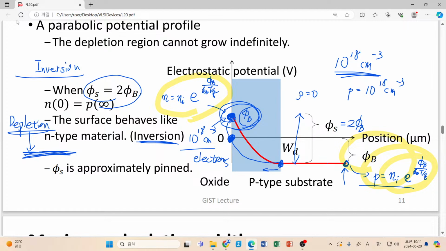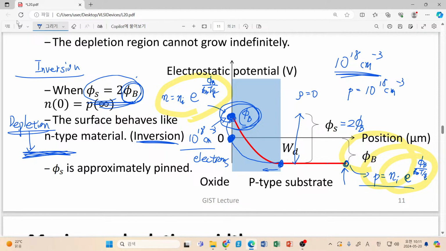However, when we have surface potential quite close to 2 times phi b, you know, this phi b is sometimes around 0.4 or 0.5 electron volt. Yes, this is quite a large quantity. So 2 times means that we are now talking about surface bending corresponding to 0.8 or 1.0 volt.